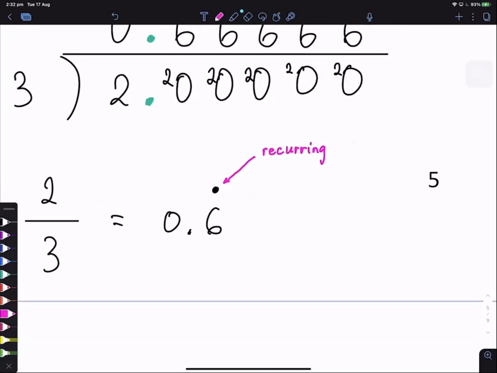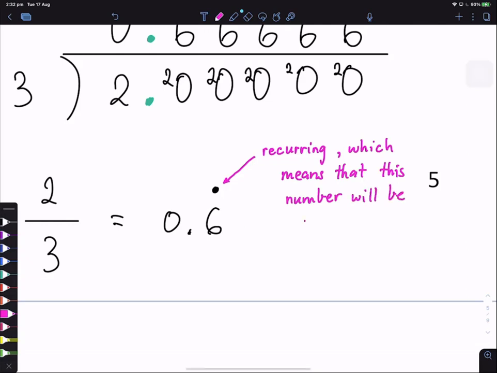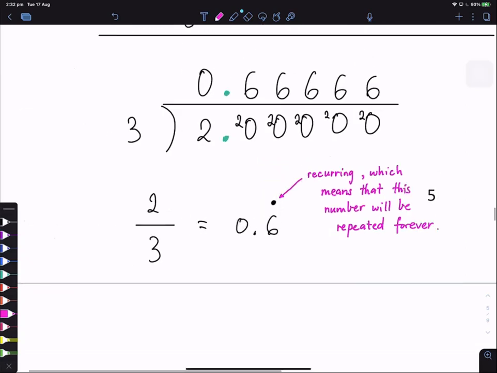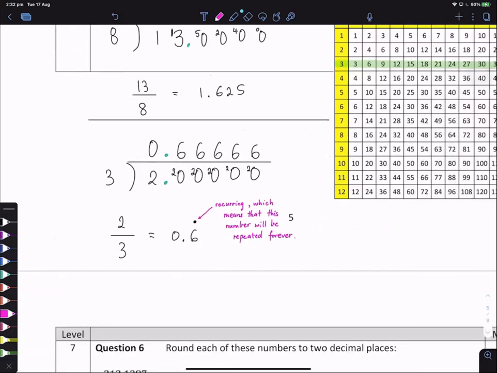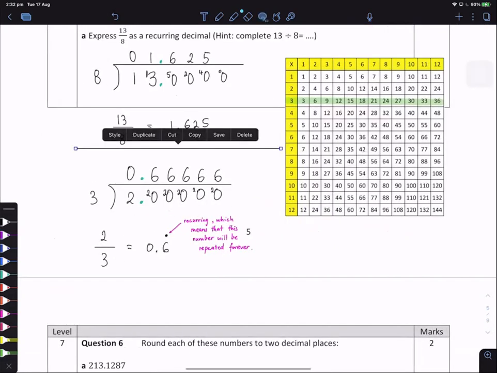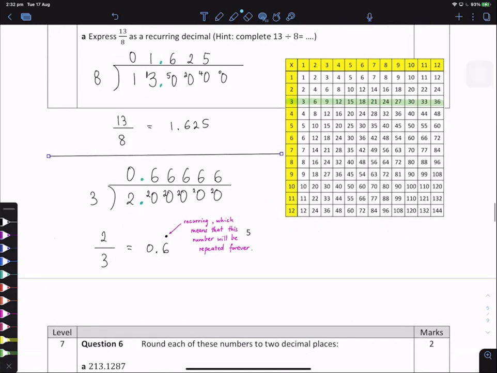So that's recurring, which means that this number will be repeated forever. Okay. Does that make sense, guys? That's the idea of recurring decimals.